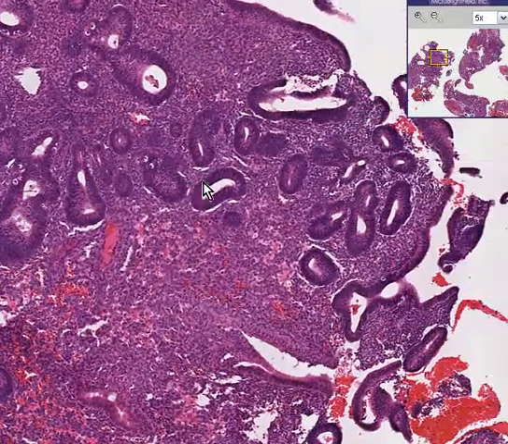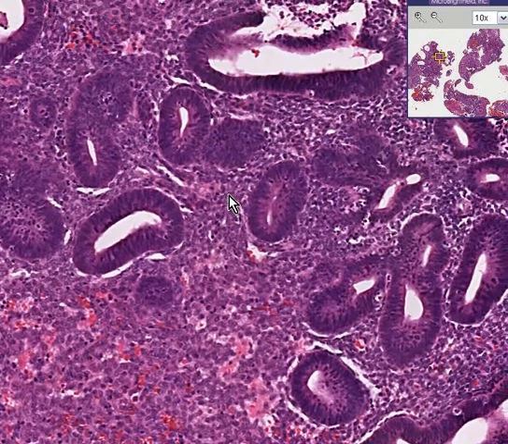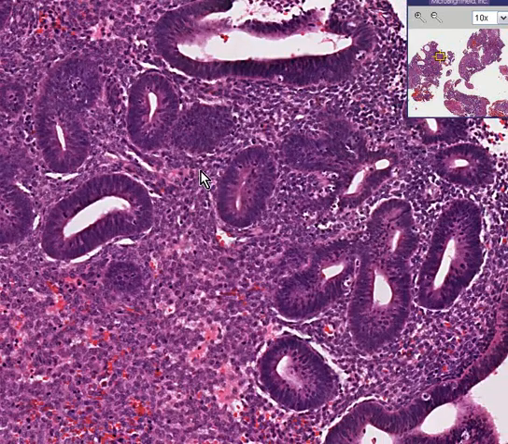Another feature which helps us to differentiate hyperplasia from perhaps carcinoma is the amount of stroma between the glands. Please notice that even though these glands are all very much increased, there's always a little bit of stroma between the glands, and they are all relatively separate from each other.